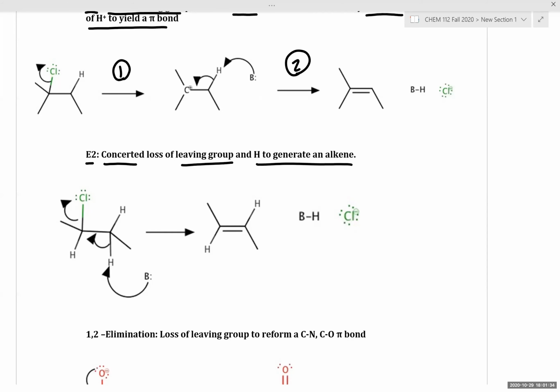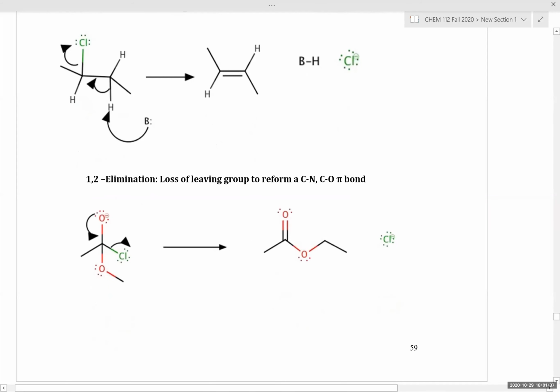The last type of elimination reaction that we'll see quite commonly is 1,2 elimination, which involves the loss of a leaving group to reform a carbon-nitrogen or carbon-oxygen pi bond. So these are the three general classes of elimination reaction that you'll see a lot in this course.